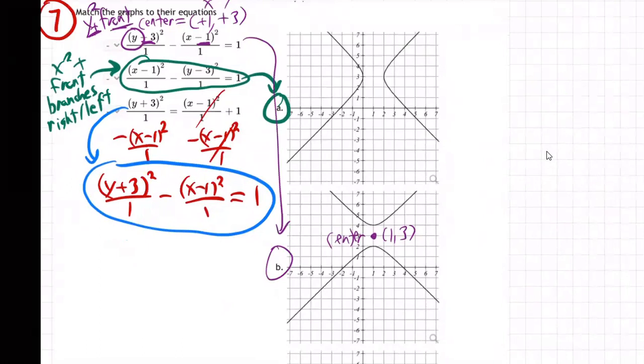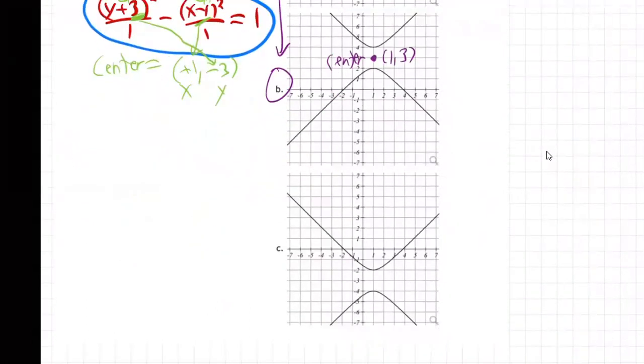Now, what about this third one? On this third one, the center is, again, opposite. So opposite of minus 1, plus 1 for x. And the opposite of plus 3, minus 3 for y. So plus 1, minus 3, that's perfect. Plus 1, minus 3 right there, over 1, down 3.